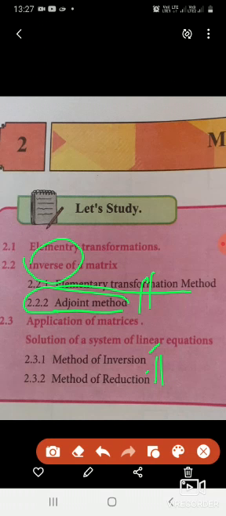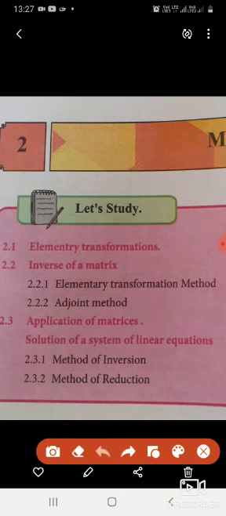Whether it is the adjoint method or the transformation method, first of all we have to test whether the given matrix is invertible, whether the inverse exists or not. To decide that, we go for the determinant of that matrix.